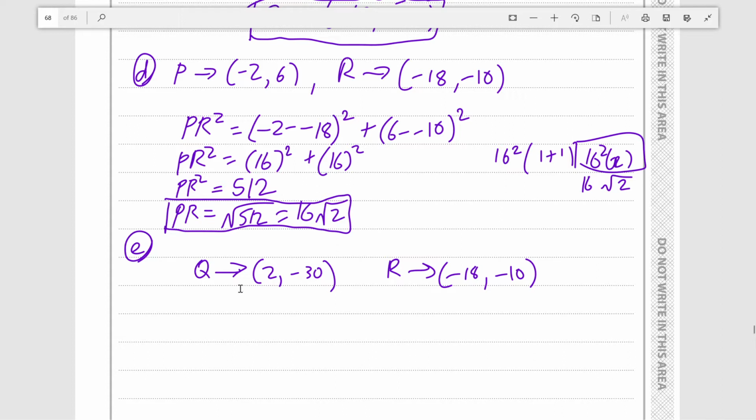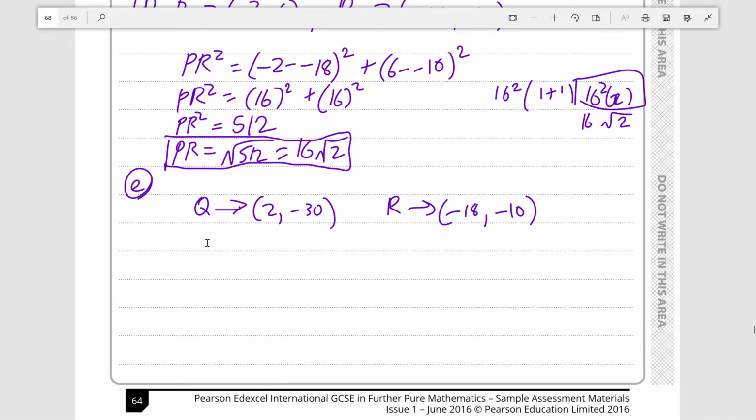Finding the distance is exactly the same process as before, but I'll go through it again anyway. So the square of the distance, QR squared, would be equal to, and let's say R goes first this time, -18 minus positive 2 squared, and add to that -10 minus 30 squared.